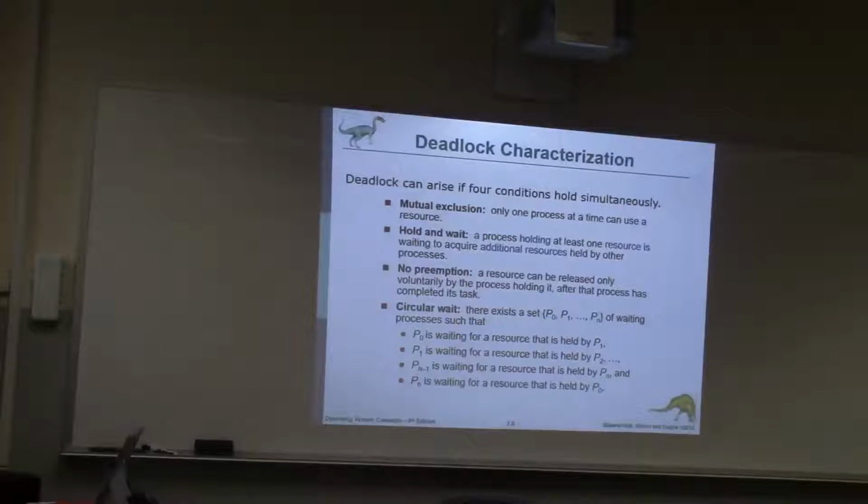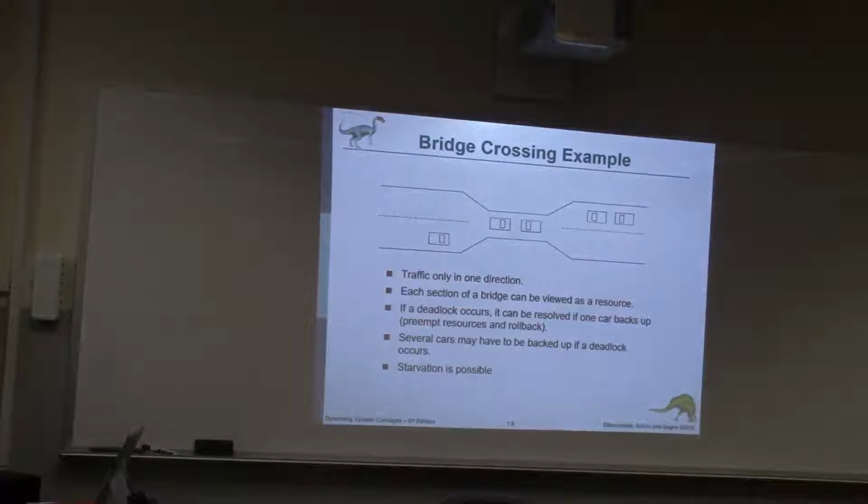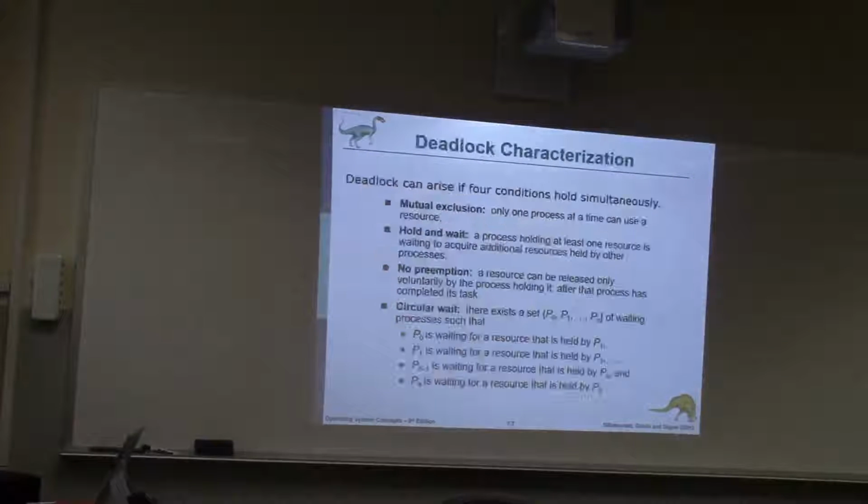Okay, then from this general idea of deadlock, we are going to characterize deadlock formally. The first characteristic of deadlock is mutual exclusion, which means at a certain time, only one process can use the resource. It's not shared. If it is shared, there is definitely no problem.